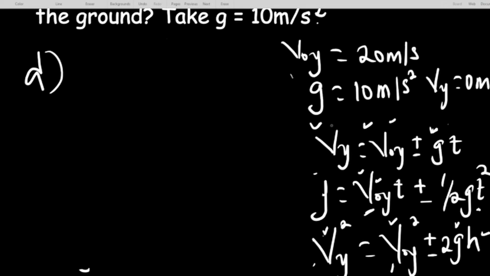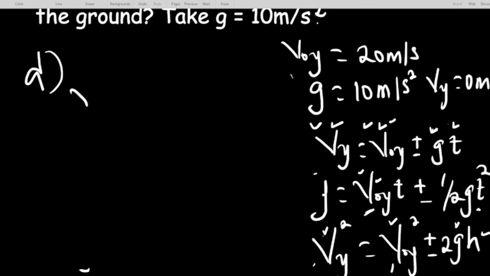Here we have the Vy. Okay, this is the final velocity. We have the initial. We have our time, which is 4 seconds. And we also have our g. So we can use the first equation of motion to solve for the final velocity.